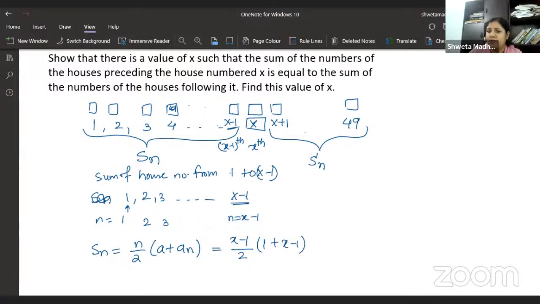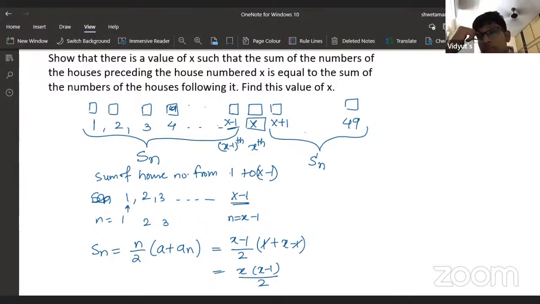Able to understand? So this one and this one get cancelled, only x is left out. So x into x minus 1 by 2. Clear? This is the sum of the house numbers on the left hand side of x. Now we have to calculate for the right hand side.